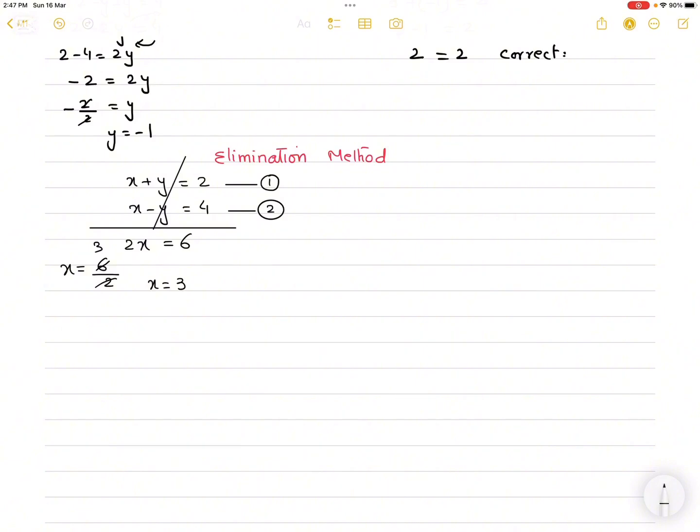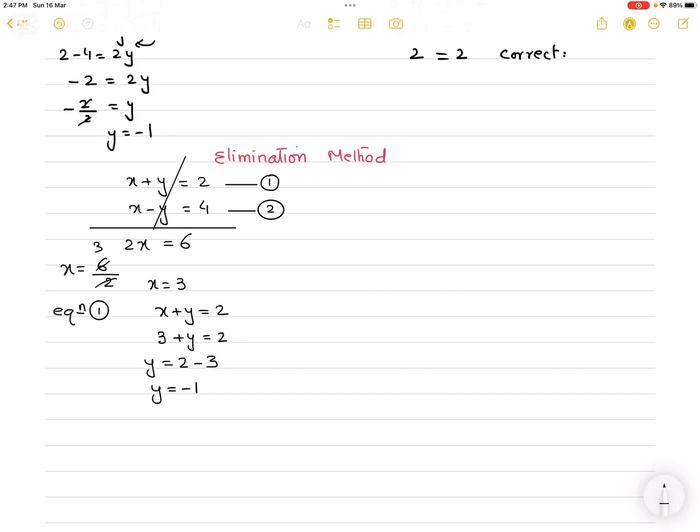Suppose I take equation 1, which is x plus y is equal to 2. Now place the value of x, which was 3, to find the value of y. So it's y equals 2 minus 3, so y is equal to minus 1.